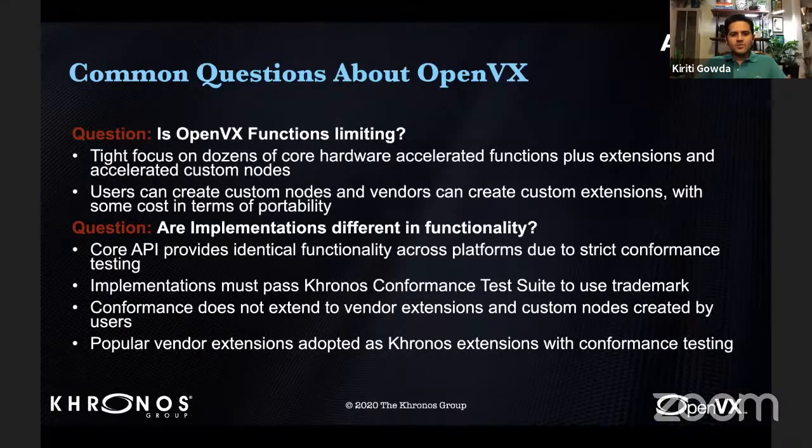So the other question is, are implementations different? So does it mean that with implementation A versus implementation B, if I use two different platforms, my application will run the same and produce the same output?